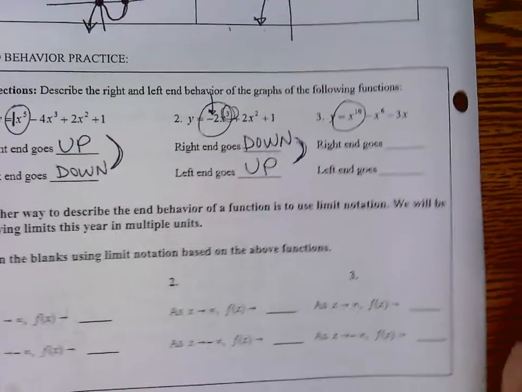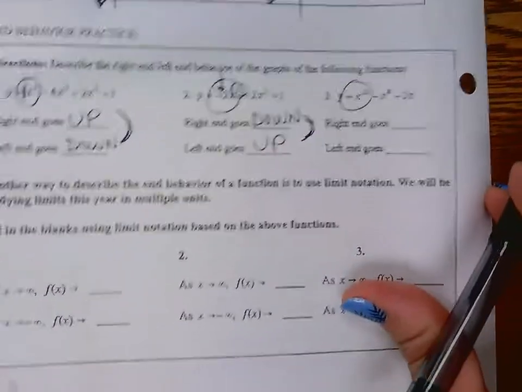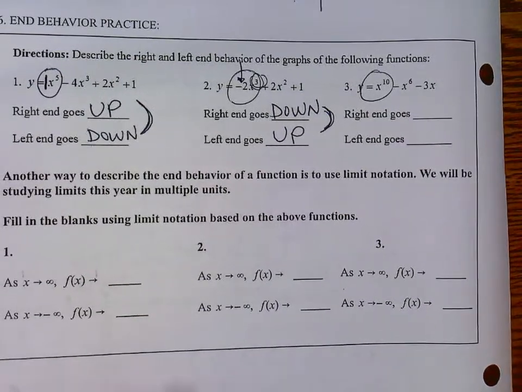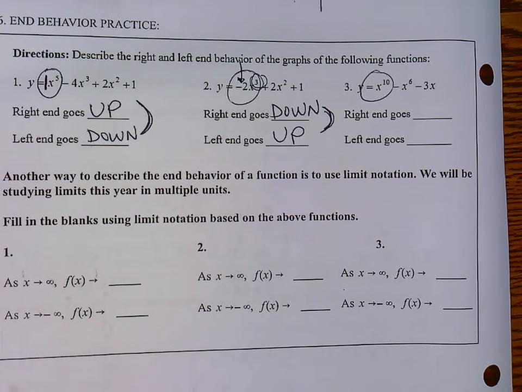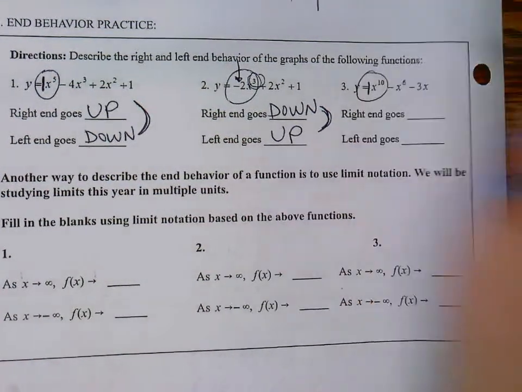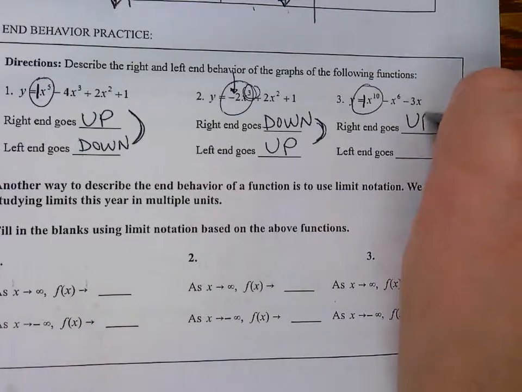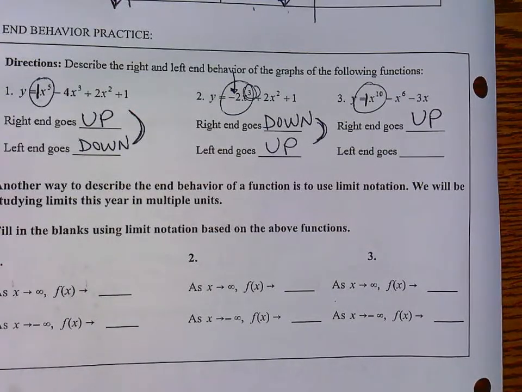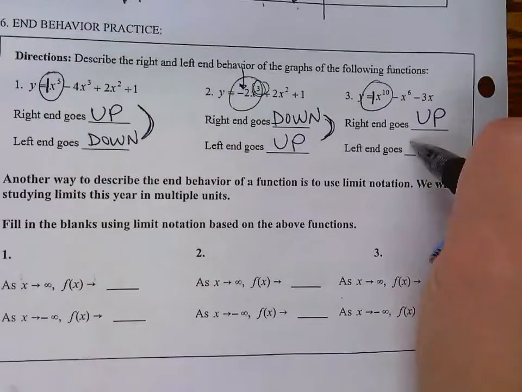Sounds like you don't remember anything about polynomials from Algebra 2. So, all right, this one, what would you say for x to the 10th? Leading coefficient is +1, so up. What about x to the 10th? Are they going to go in the same direction or opposite directions? 10 is even, so they're going to go the same, so up, up.